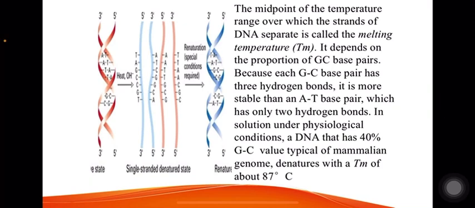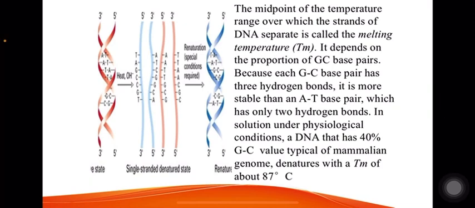DNA strands can denature, that is, the double strand comes apart when heated above 100 degrees Celsius or at conditions of high pH, and this is known as denaturation. You can see in the picture this is double-stranded DNA, and when heated above 100 degrees Celsius or at high pH, it unwinds itself to form single strands.